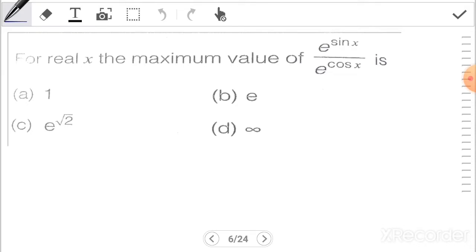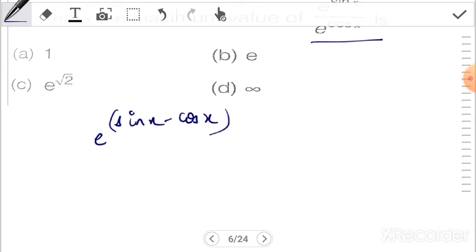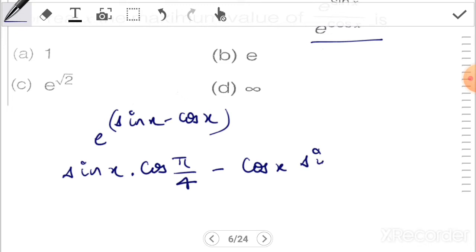For real x, the maximum value of e raised to the power sin x by e power cos x is. Okay, so you can write this as e power (sin x minus cos x), and we can multiply by cos pi by 4 minus cos x sin pi by 4, into √2.